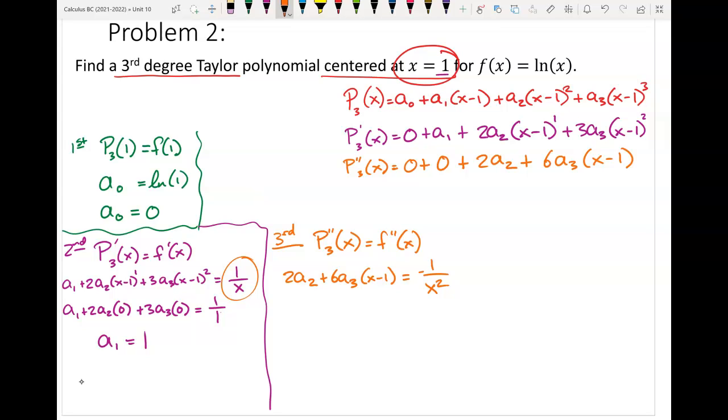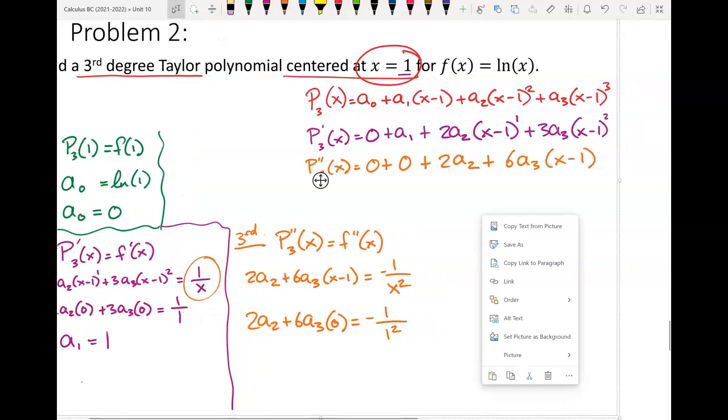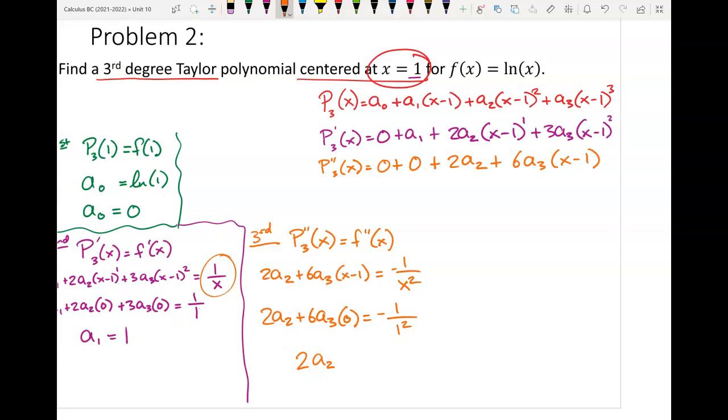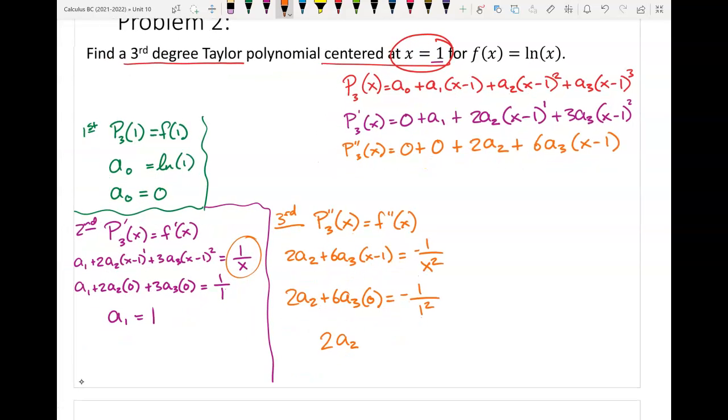And so we plug in 1, and that's going to leave us with 2a sub 2 plus 6a sub 3 times 0 equals negative 1 over 1 squared. So I have 2a sub 2 equals negative 1. So a sub 2 is equal to negative 1 half.